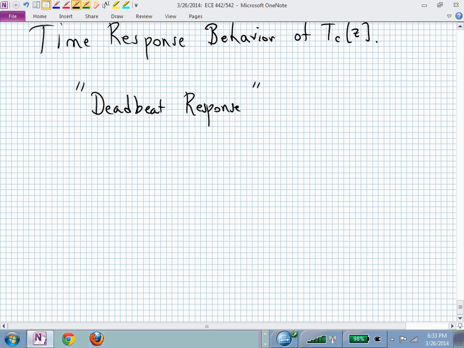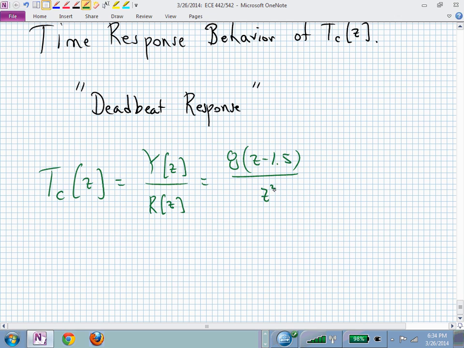Let's see what that means. We know T sub C of Z, if we control that system, is the transfer function between the reference input R and the output Y. So it's Y over R is (8Z minus 1.5) over Z squared.